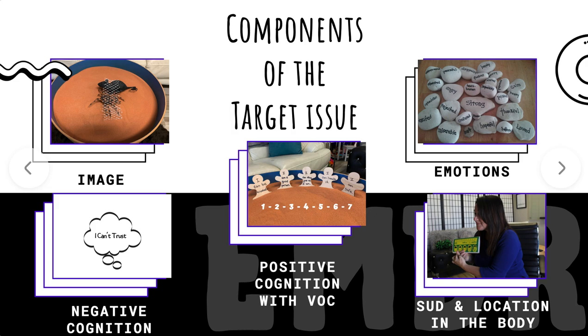Okay, so the components of the target issue. This is kind of what it would look like in the Sandtray. So you have the image, the negative cognition, the positive cognition with the VOC, the emotions, and the SUD and location in the body. The image displays really nicely in the Sandtray.